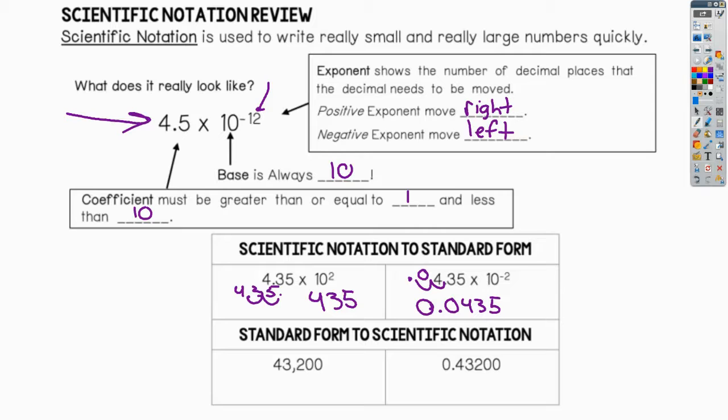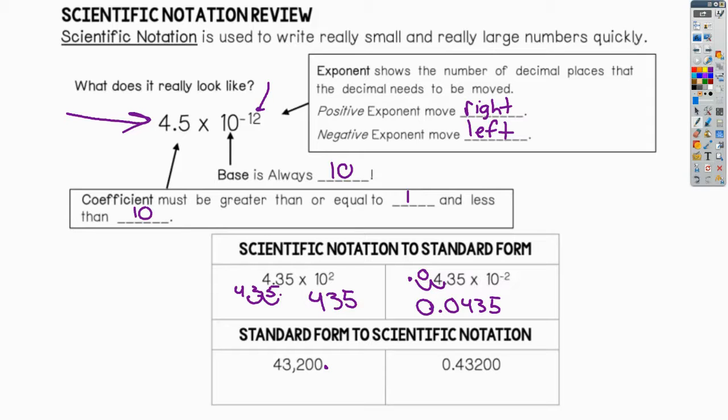For our next problems, it says standard form to scientific notation. So the first one says 43,200. So right now, even though you do not see it, there's a decimal all the way back here. What we need to do is move this decimal so that this becomes a number between 1 and 10.